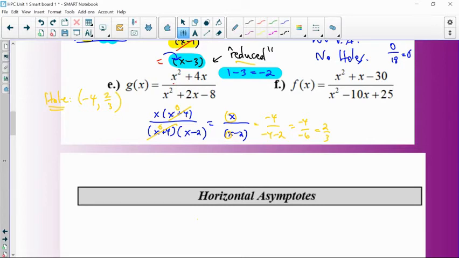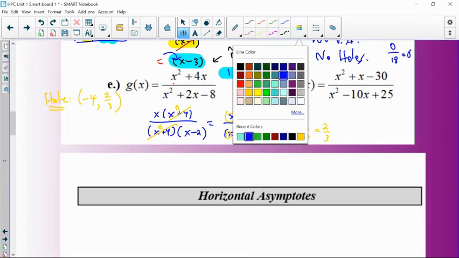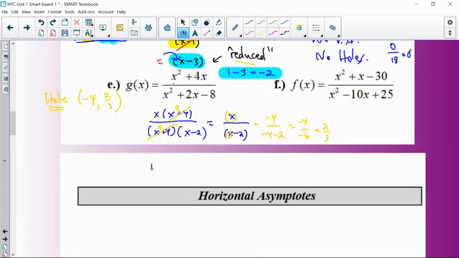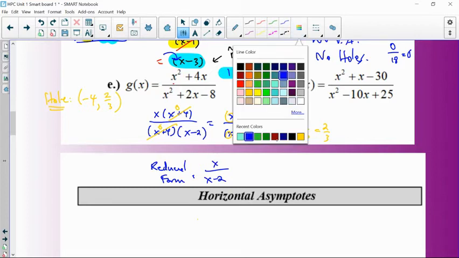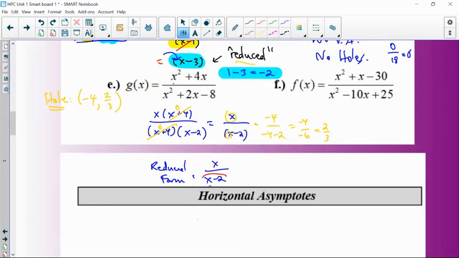Now, our reduced form still has an issue, I should say, when it's x over x minus 2, it still has an issue of being 0 in the denominator, right? It still has an issue when x equals 2. When x equals 2, I get 2 over 0. This tells me I have a vertical asymptote.